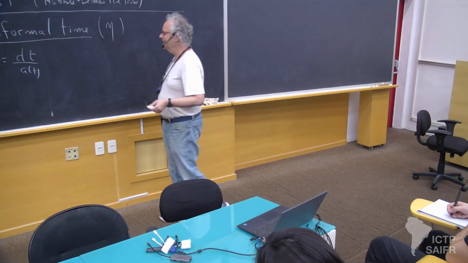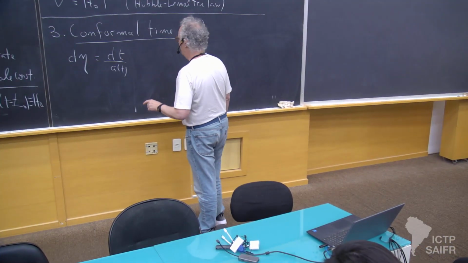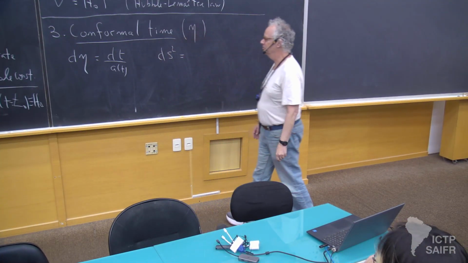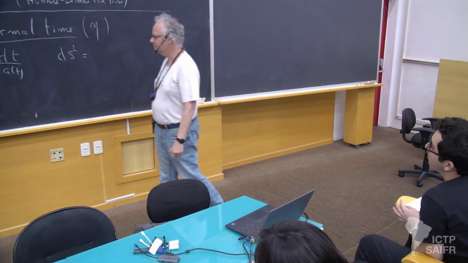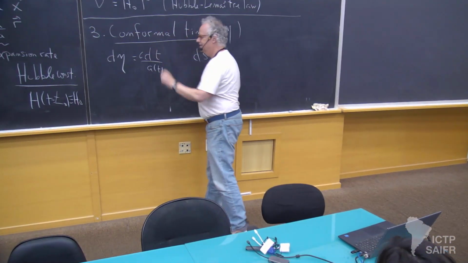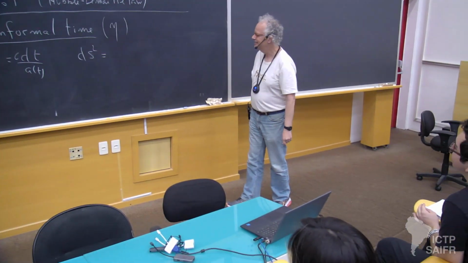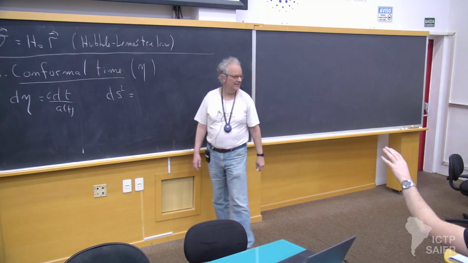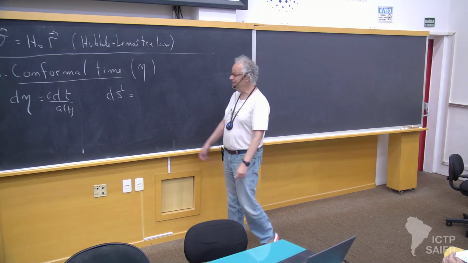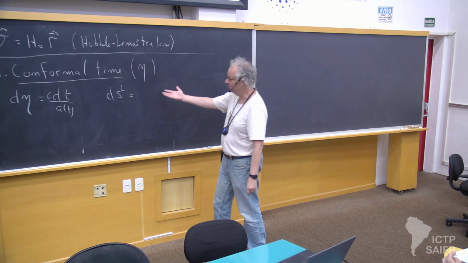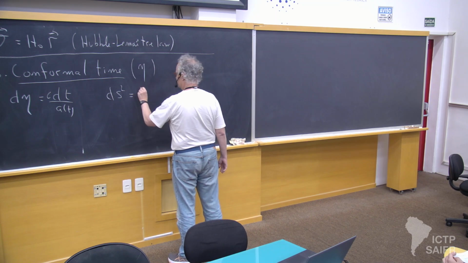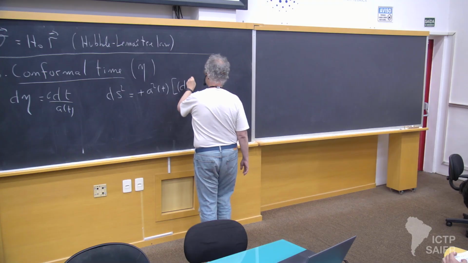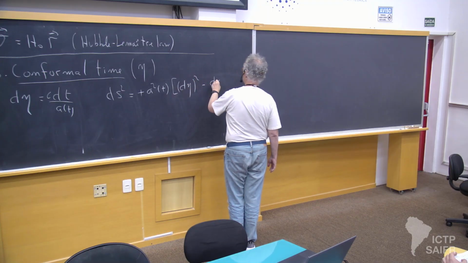Because now, if you write the Friedmann-Lemaitre-Robertson-Walker metric in conformal time, can you tell me what it is? Let me put the c here. Yeah, why this is interesting is because you can write the metric, it's just a squared, d eta squared minus dx squared.